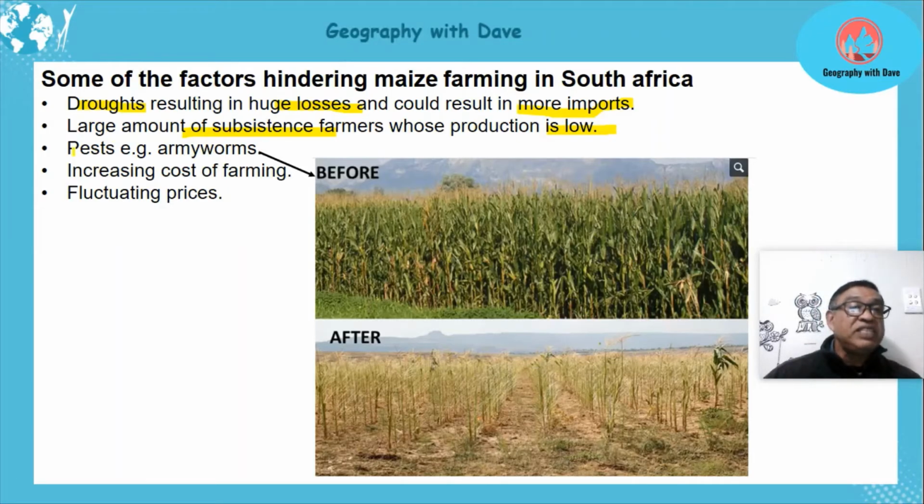We have pests like the armyworms. They are dangerous. Look at this little picture here. This was before, and this was after the armyworms went through the field.